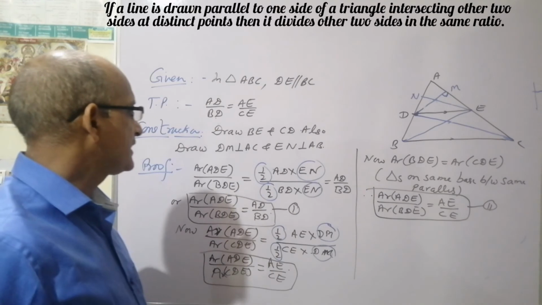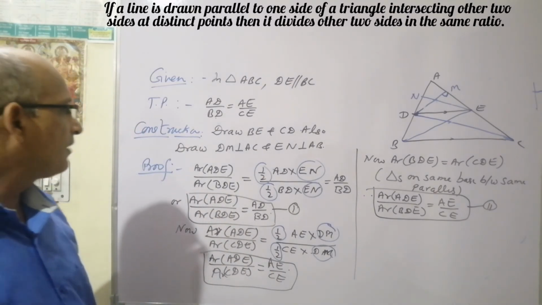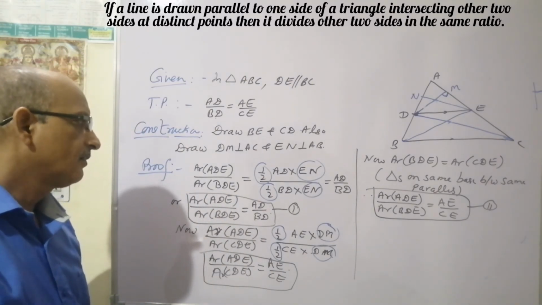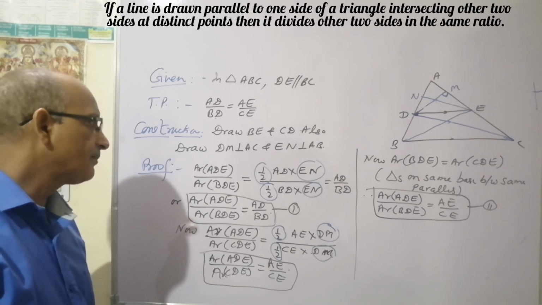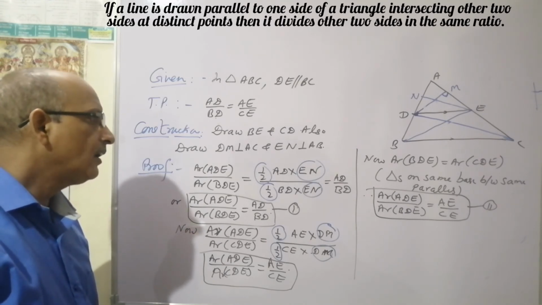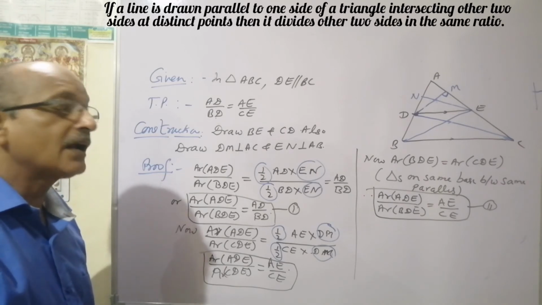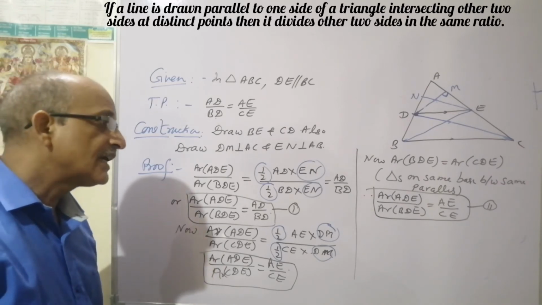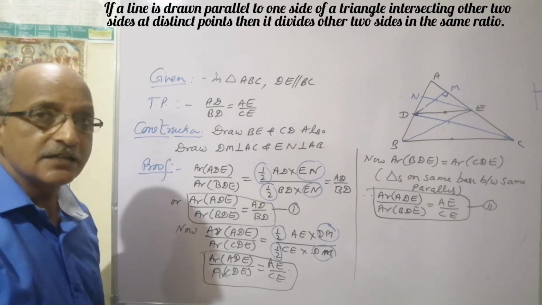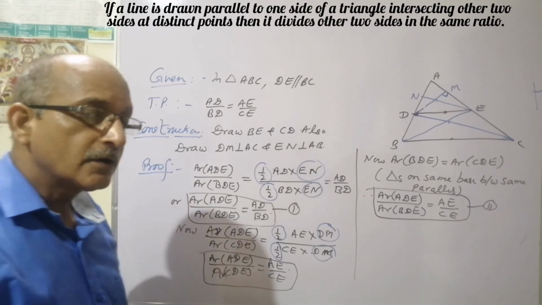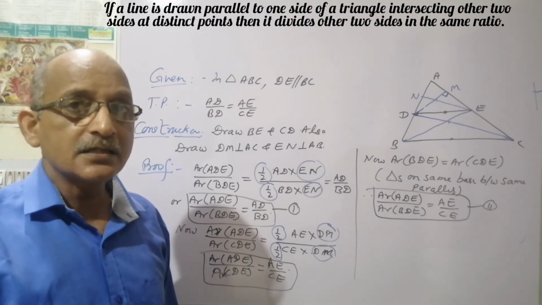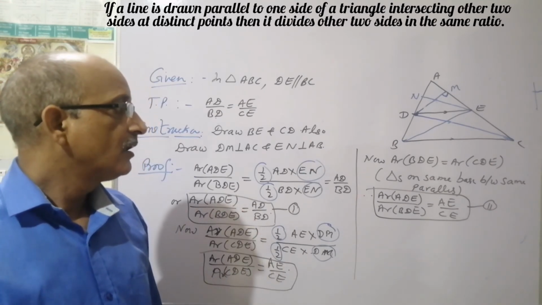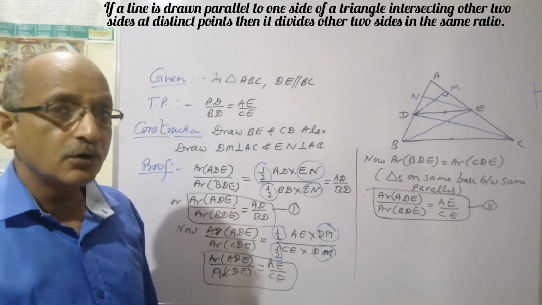Now from equation number 1 and 2, the left hand side of equation number 1 and the left hand side of equation number 2 are the same. So if the left hand sides are the same, then obviously the right hand sides will also be the same, because one property is learned by the students in the previous class in Euclid geometry: equals of the same thing are also equal.